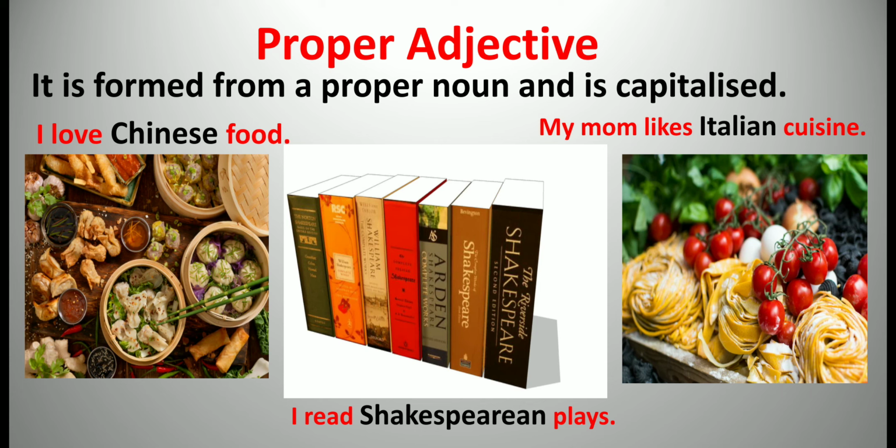So in these examples, Chinese is formed from China, Italian is formed from Italy, and Shakespearean from Shakespeare. China, Italy, and Shakespeare are proper nouns. Let's see some other examples. Indian is formed from the proper noun India, American from America, Canadian from Canada.